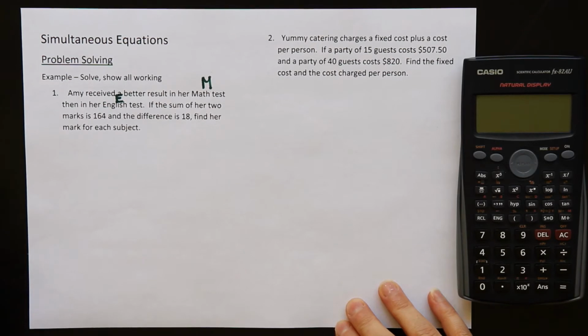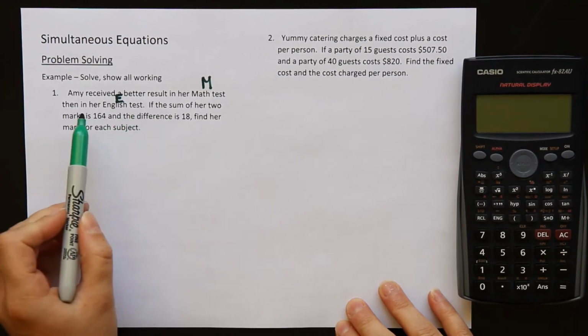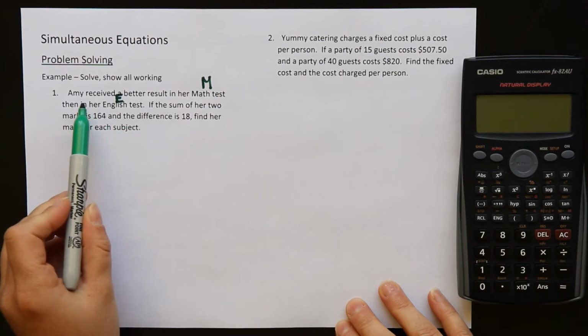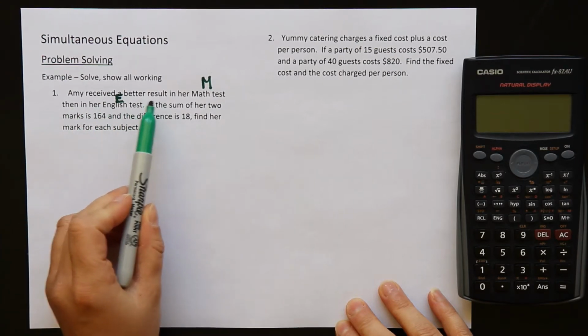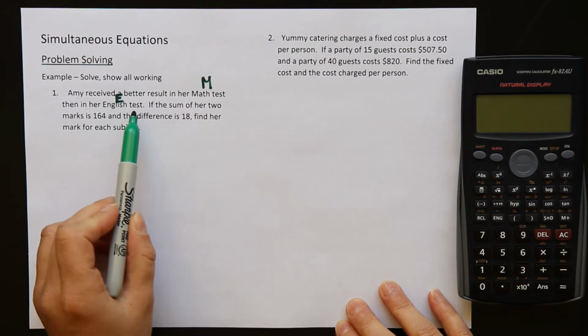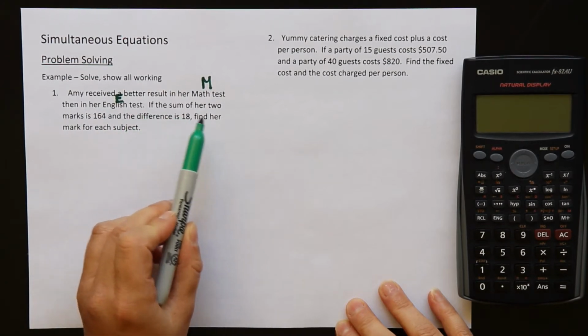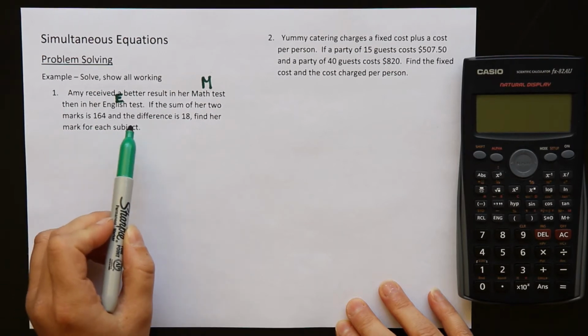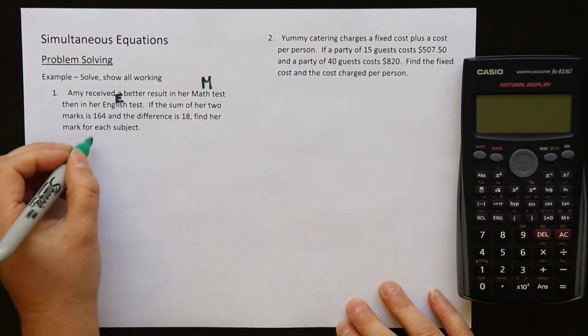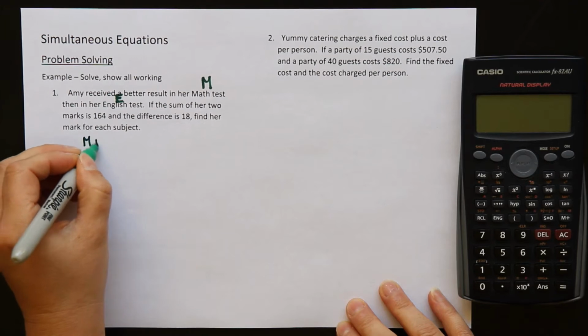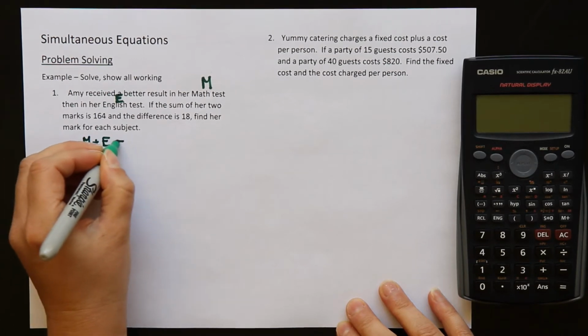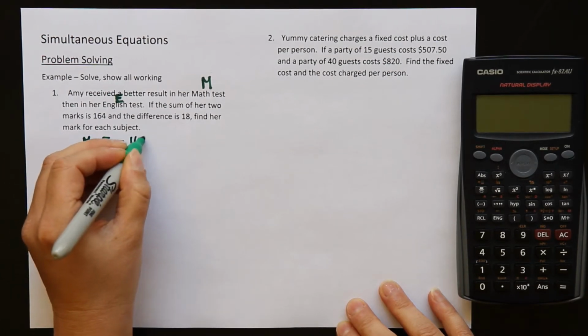Now, we need to try and make 2 equations out of this. The first bit of information that it gives us is that Amy received a better result in her maths test than her English test. That's important. Next, the sum of her 2 marks is 164. So if I add her 2 marks together, maths plus English is equal to 164.